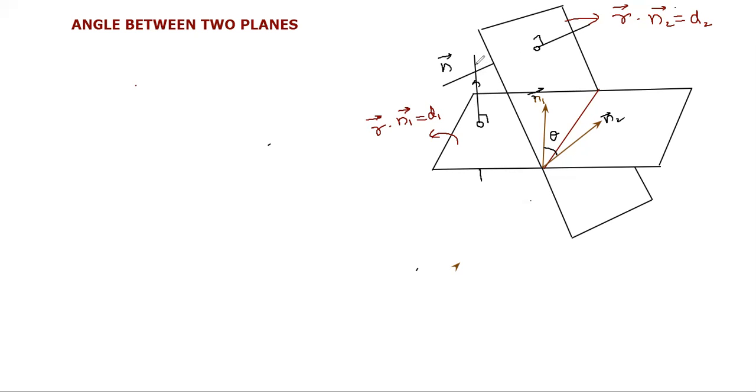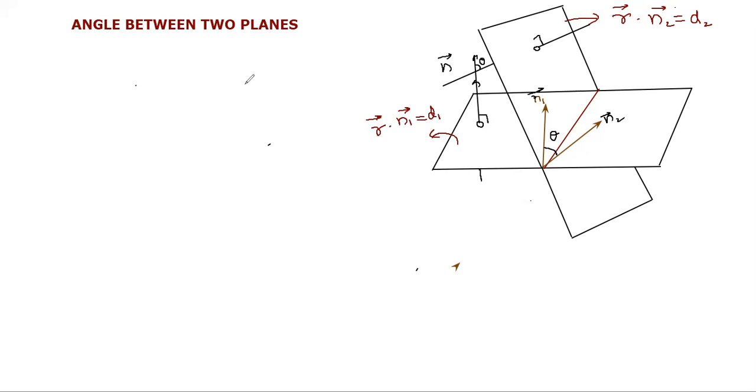There will be two angles, obtuse and acute, you know that. So we are always finding the acute angle, theta. This will be theta. Whether I draw the normals this side or this side, it is the same thing. So that means the angle between the planes is the angle between their normals.